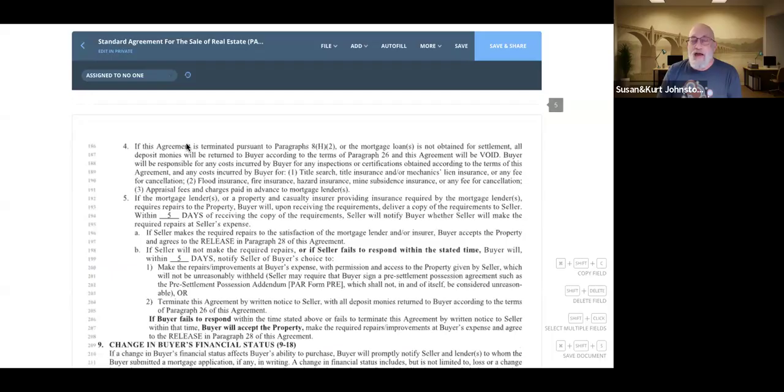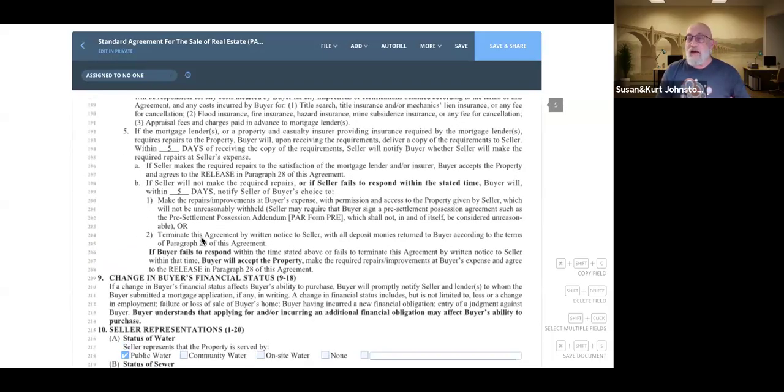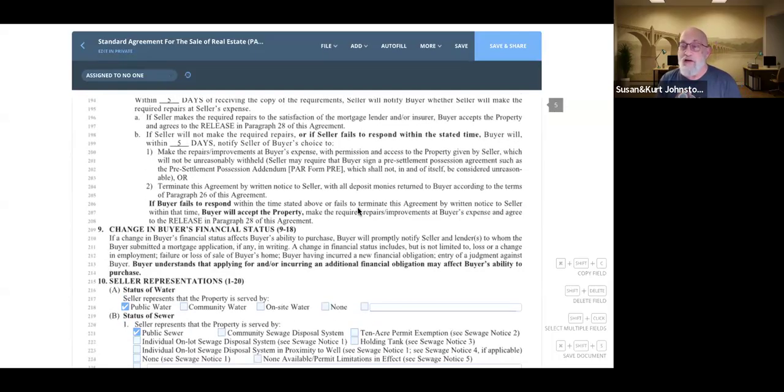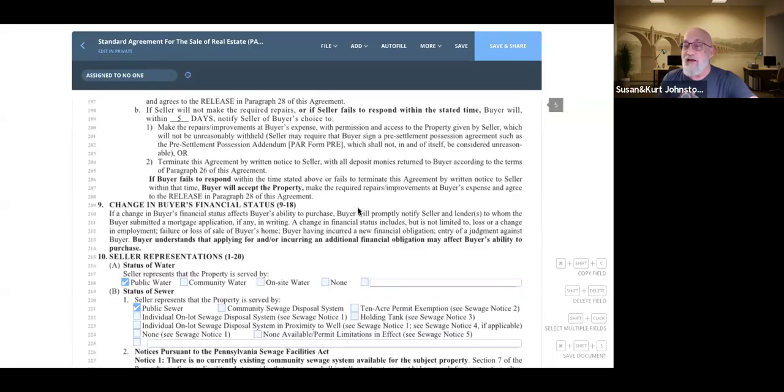Well, yeah, I know they have to grant access, but what I'm saying is, let's say they require that the roof be inspected, and somebody comes out and inspects the roof and says the roof's not good, but they've waived the inspection, but the mortgage company said it had to be.